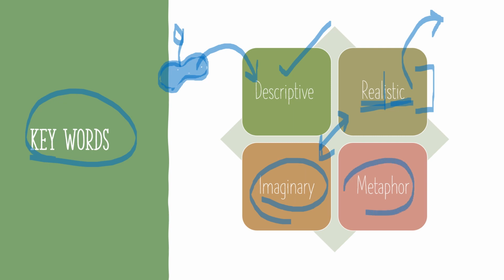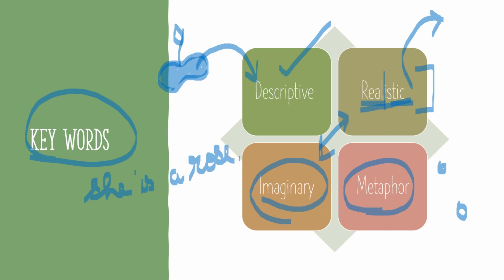Last is metaphor. So if you remember, we have done the explanation of this word called metaphor. It means when we compare two unlike or two different things and we imagine one thing as something else. For example, she is a rose.